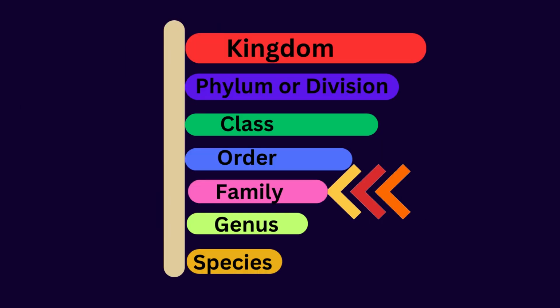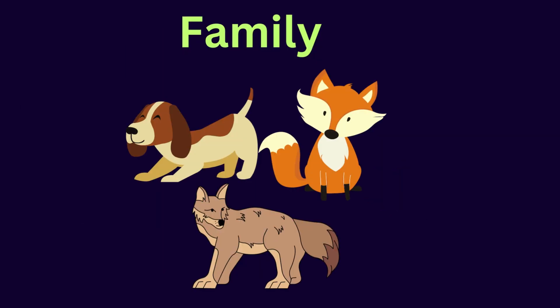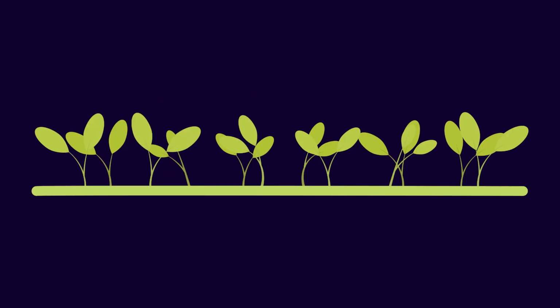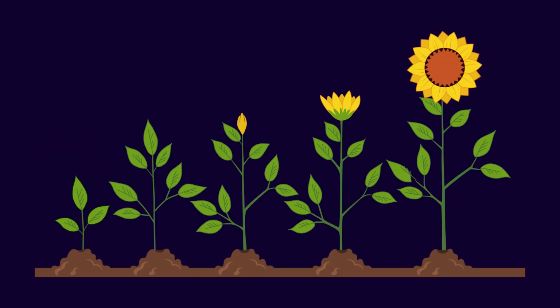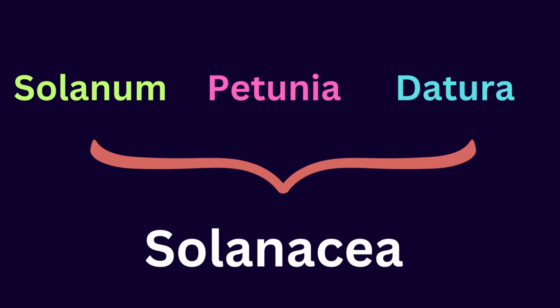Next is family. The next category, family, has a group of related genera with still less number of similarities as compared to genus and species. Families are characterized on the basis of both vegetative and reproductive features of plant species. Among plants, for example, three different genera, Solanum, Petunia, and Datura, are placed in the family Solanaceae.